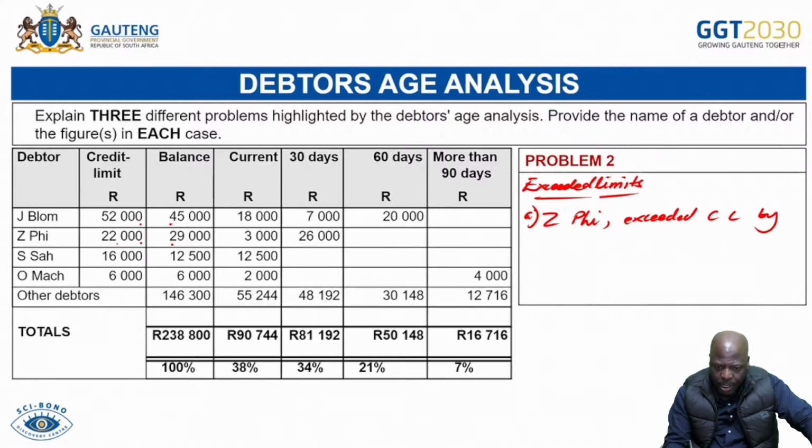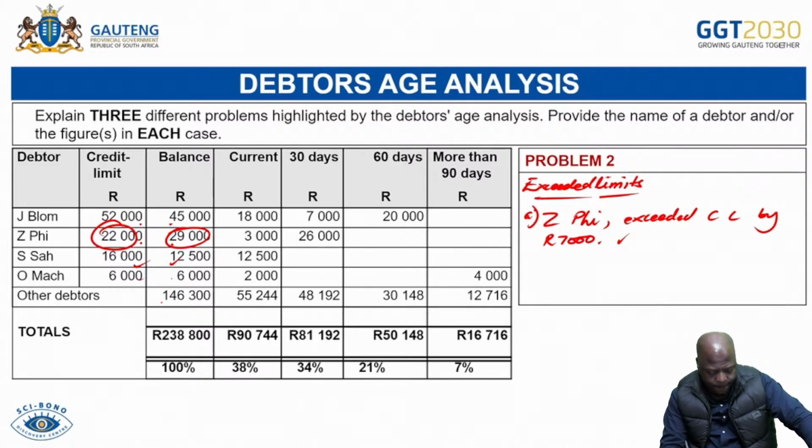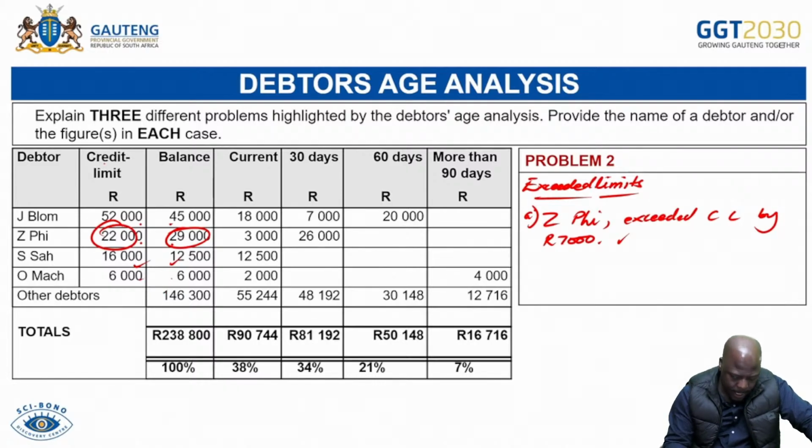You get the difference between 22 and 29: exceeded by 7,000. There we go. Do we have another one? 1612, we're okay. 66, we're okay. And then let's go to the next one.